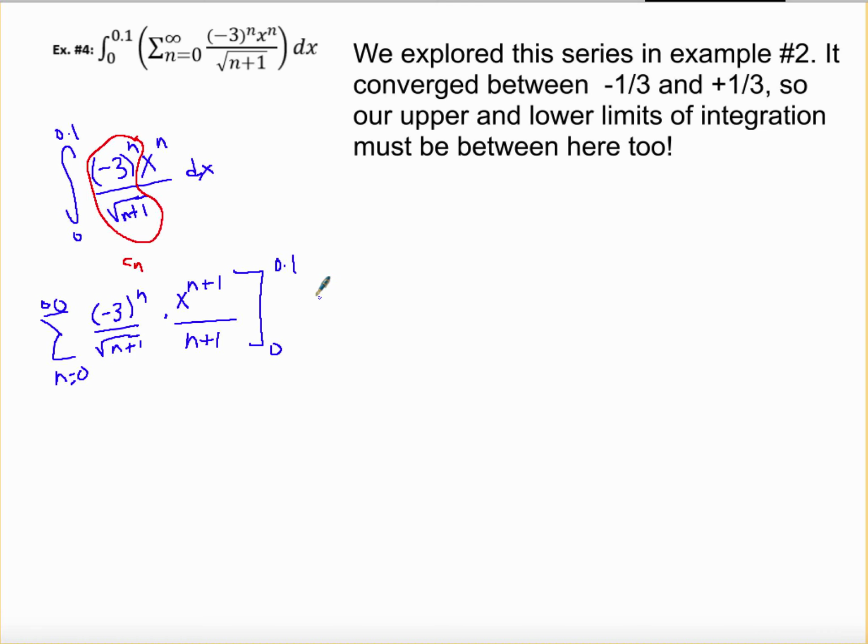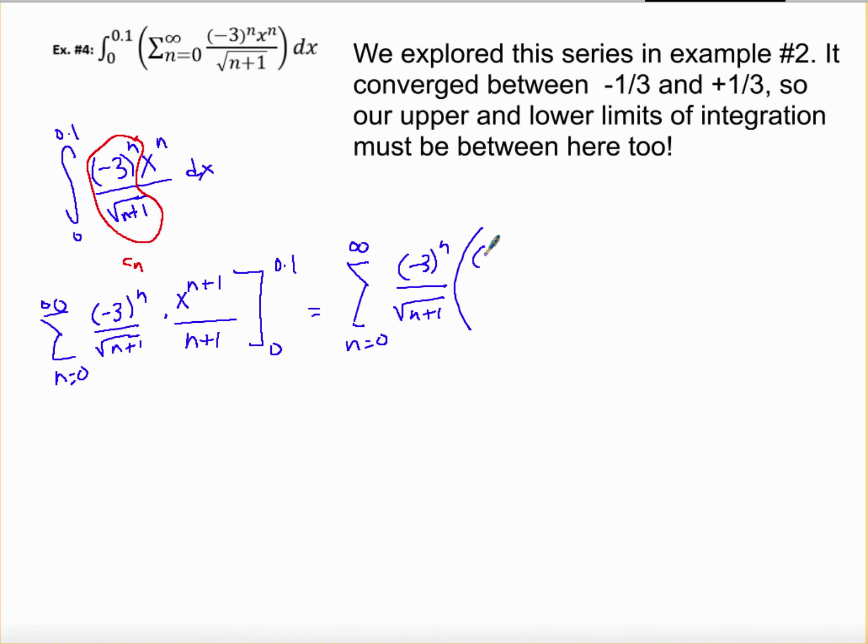Just like we did a bazillion other times, we're going to substitute in the 1/10 for the x and then the 0 for the x and subtract those two results that we've got. So I'm going to take that whole constant part, kind of set it to the side so I can do some multiplication there. Oh, wow, that's a sigma. Do that substitution.